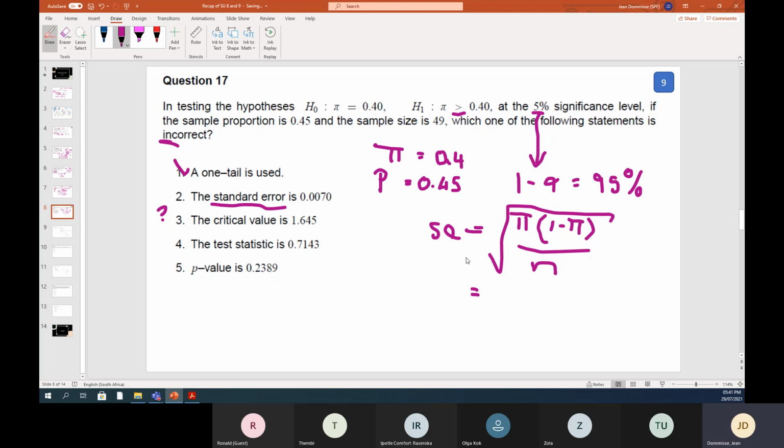Okay, so what would you guys have said? Which one do we use? I'll use the sample proportion 0.45.